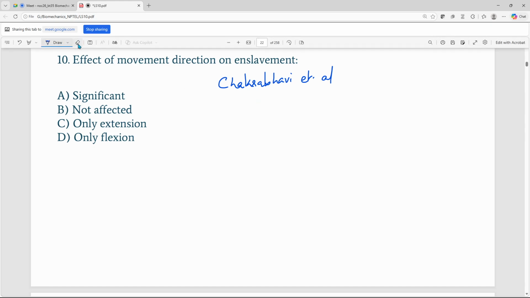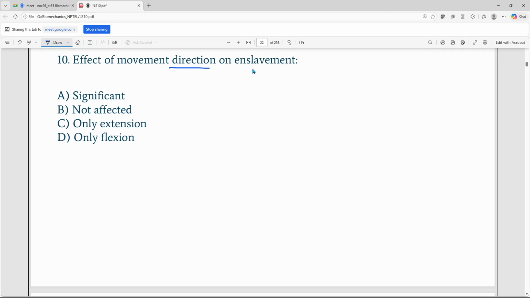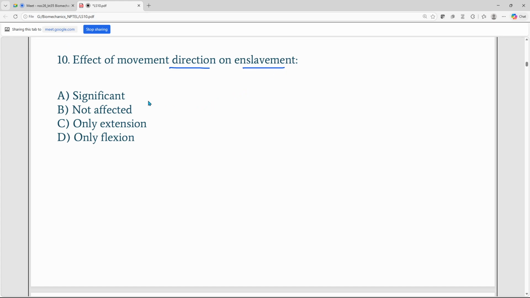However, the enslavement indices could be affected by the direction of active finger movement. So what is the effect of movement direction on enslavement? Significantly affected, not affected, only affected during extension movements. Option D, only affected during flexion movements.